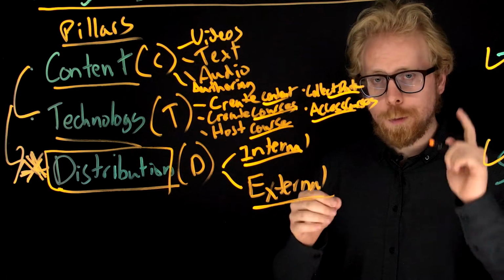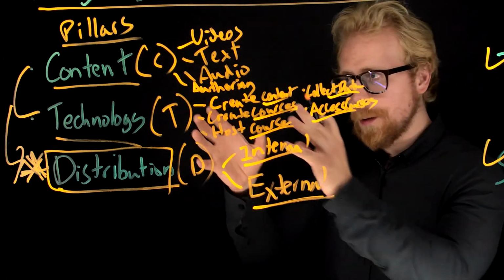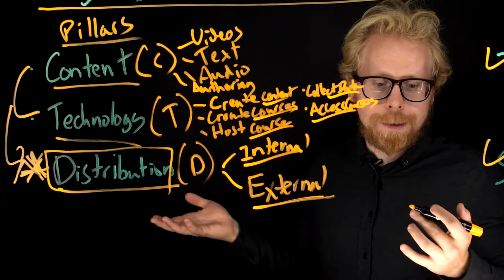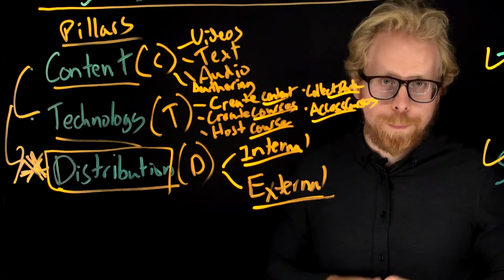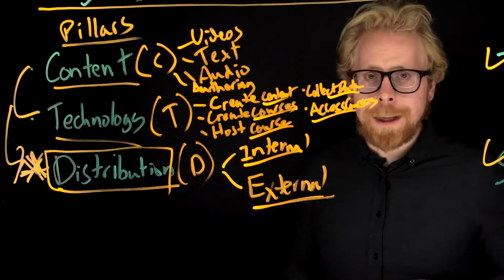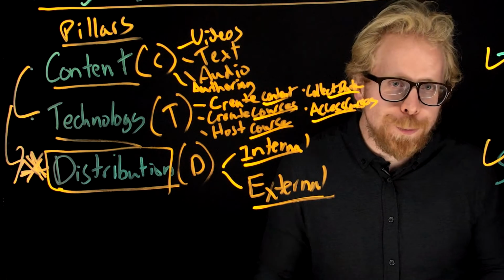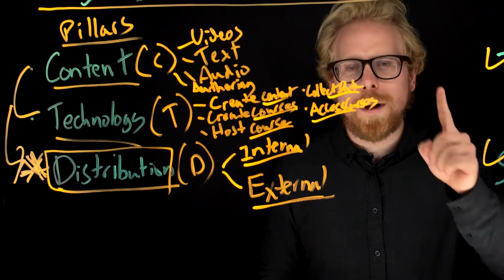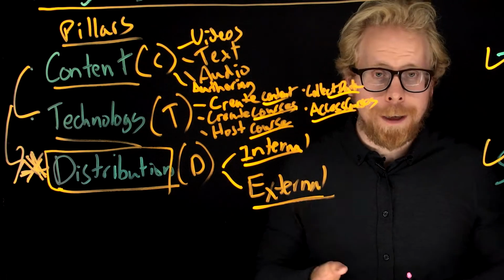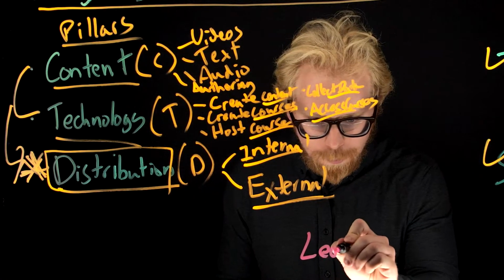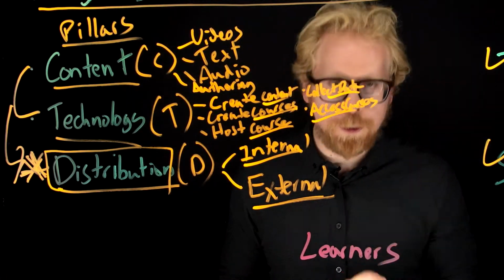However, there's one piece that these three need in order to even exist. The most important part of e-learning, when you're creating that course and you're trying to sell it, or when you're trying to train your employees and contractors, there's one thing that all of this hinges on: your learners. I haven't had to change colors, it's so important.